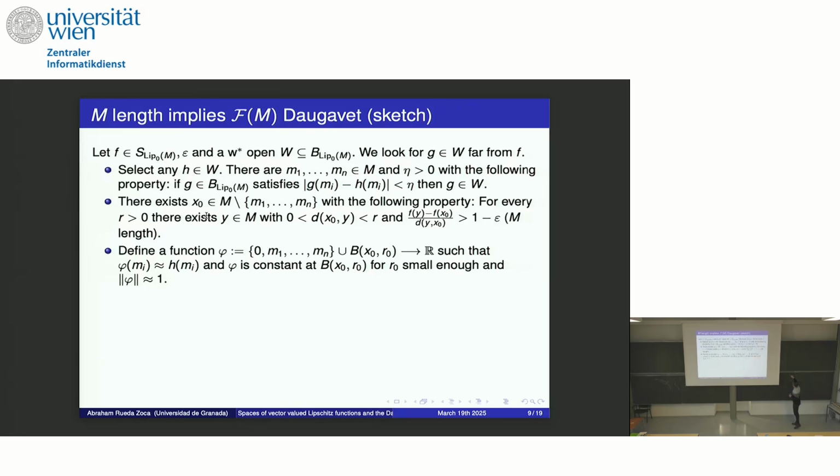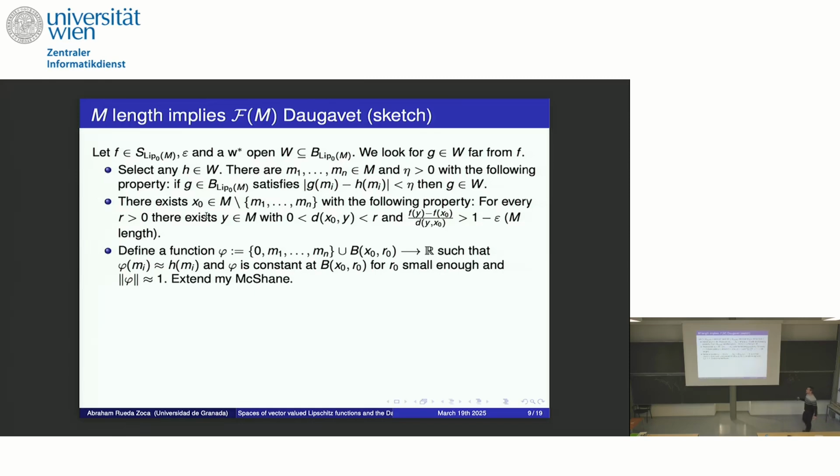This is our function phi. Defined on this piece of M, this function is of norm nearly 1 if the ball is of radius small enough. Extend by Mach chain.